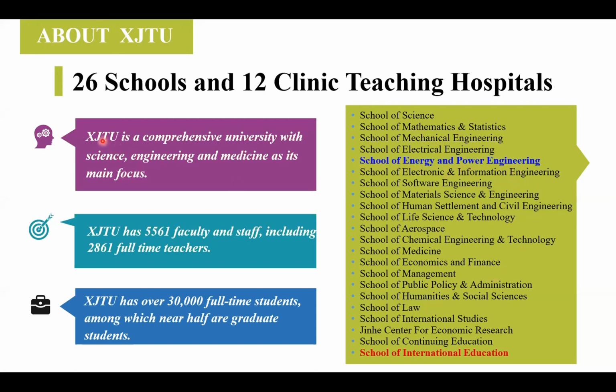Zhongguo University, short for XJTU, is a comprehensive university with science, engineering, and medicine as its main focus. It has 5,561 faculty and staff, including 2,861 full-time teachers. It has over 30,000 full-time students, among which nearly half are graduate students. It's a very large size.